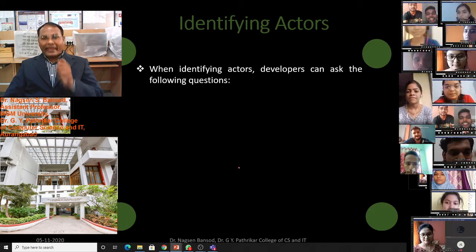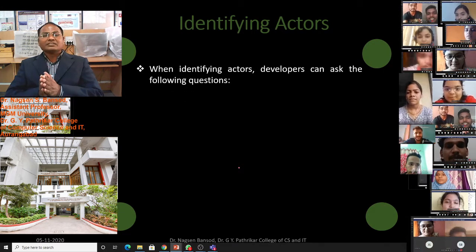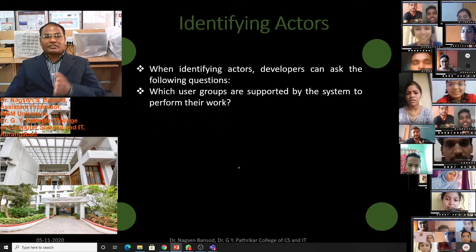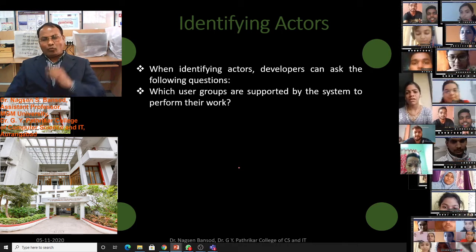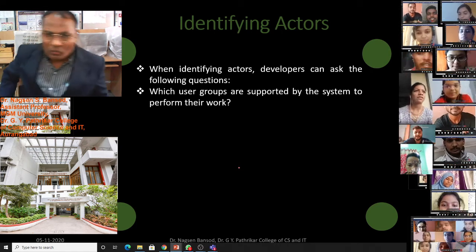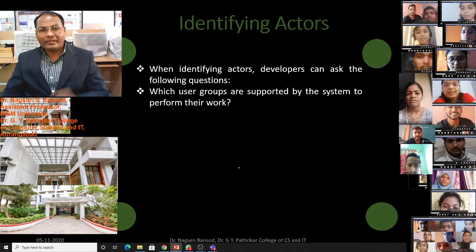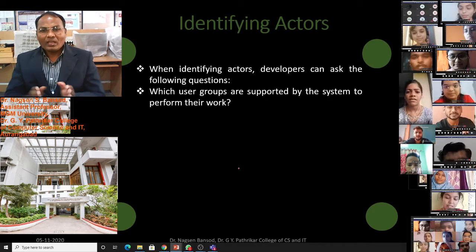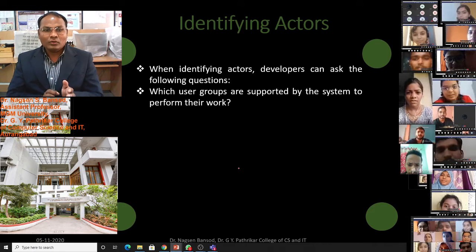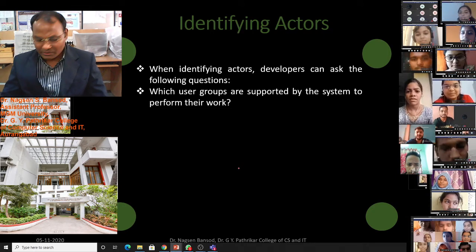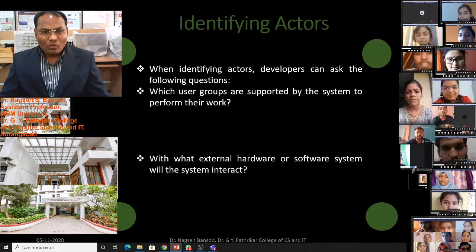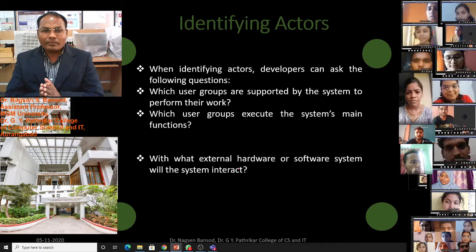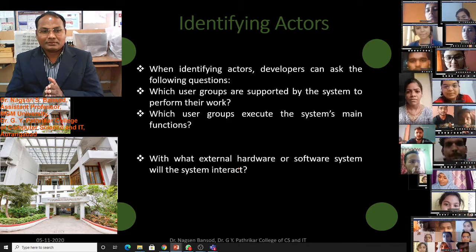When identifying actors, developers can ask the following questions. Which user groups are supported by the system to perform their work? As a developer, we have to ask questions to identify the actors. Which user groups execute the system's main functions?